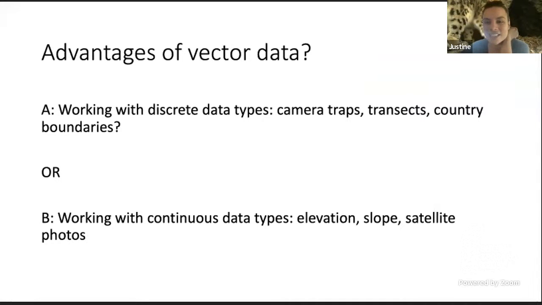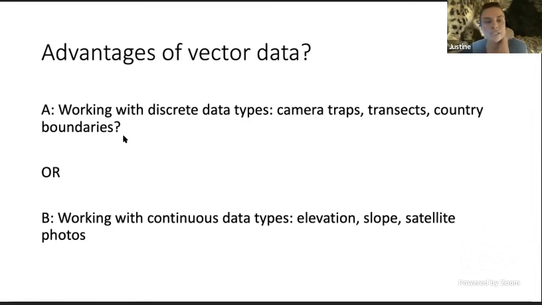I saw in the chat, someone said. So what are the advantages of vector data versus raster data? Because it's important to think about before you try to map that kind of data. This on my screen, it's quite easy. I think everyone here seems to be quite familiar.